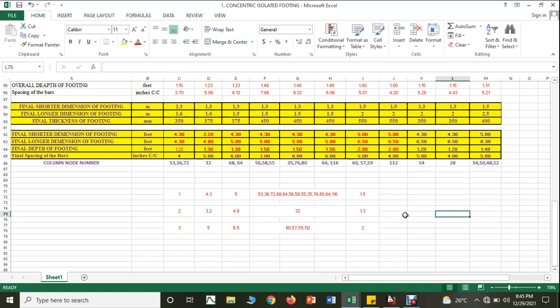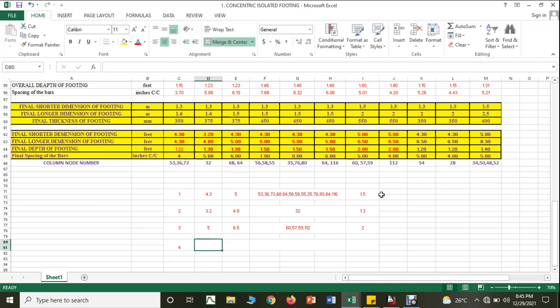Then next I can have one more set of these 2. So this is my 4th set.